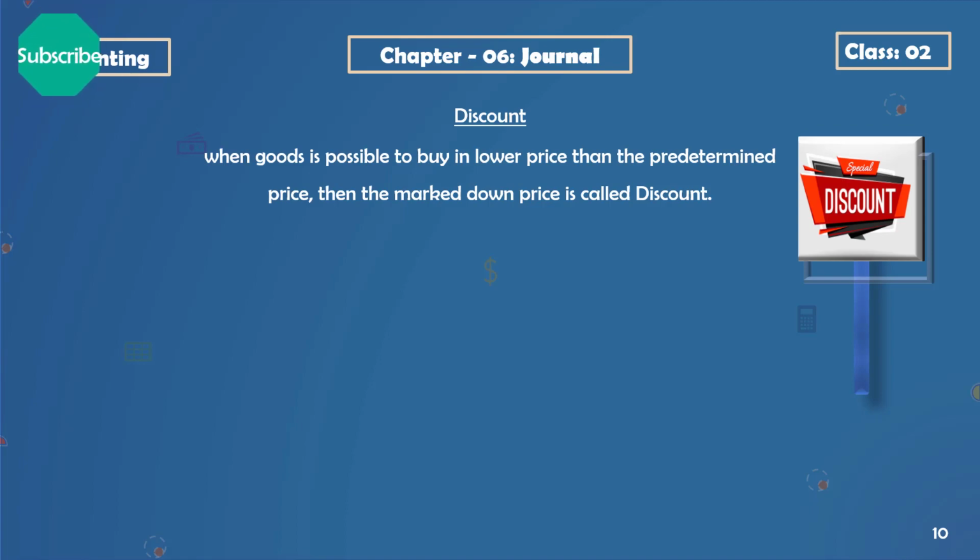We see in shopping malls or stores that every good has its price tag. The price written on the tag is called the predetermined price. The marked down price, that means the reduced amount, is called discount.